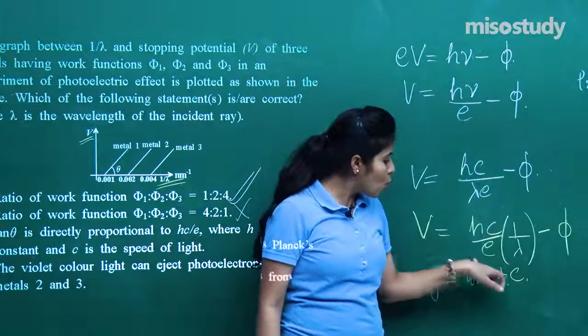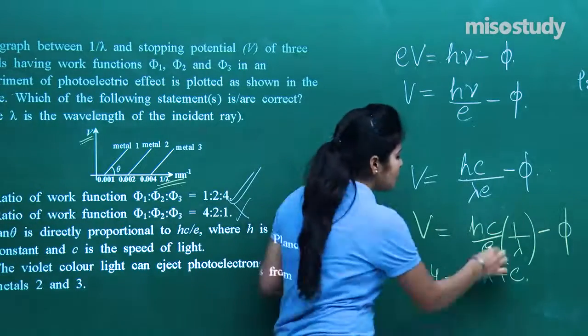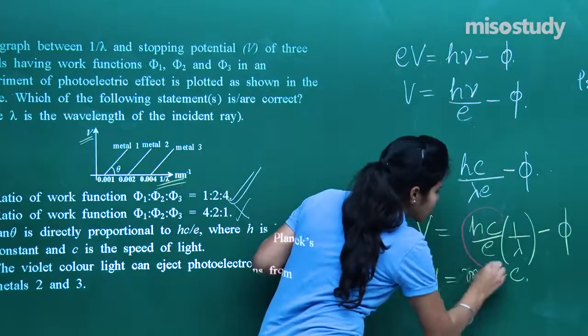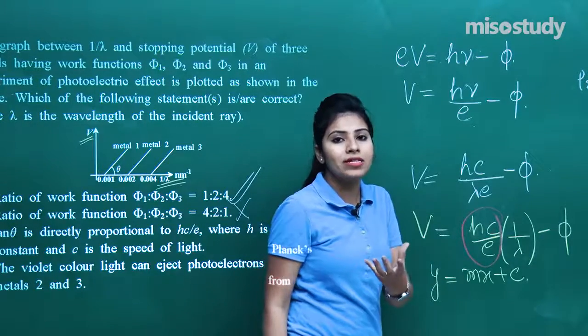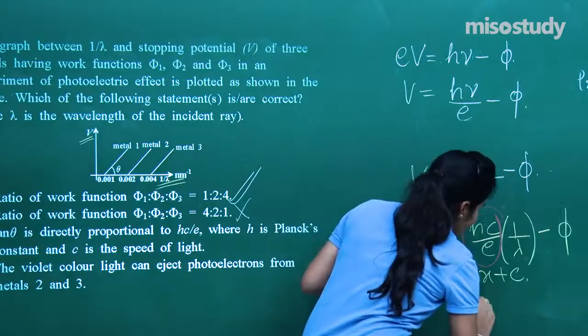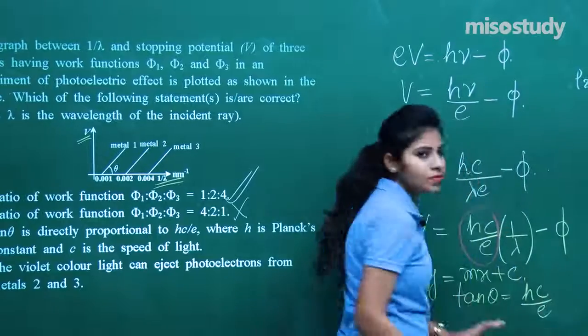The slope, that means tan theta, will come out to be, because m is the slope, and slope is written as tan theta, so I can write it as tan theta equals hc by e.